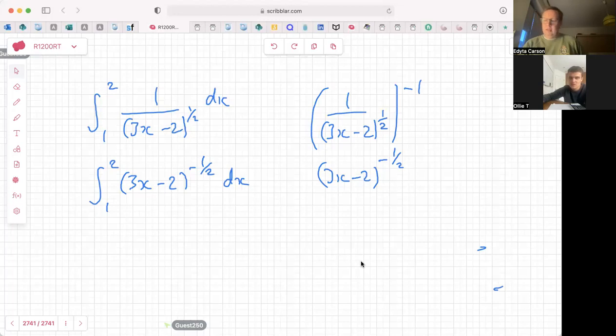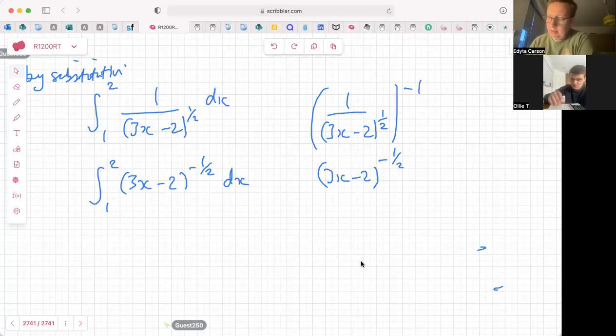The topic we're looking at today is integration by substitution. So we're going to substitute something. What do we substitute and what with? Well, we want to try and substitute what's in the bracket with u.